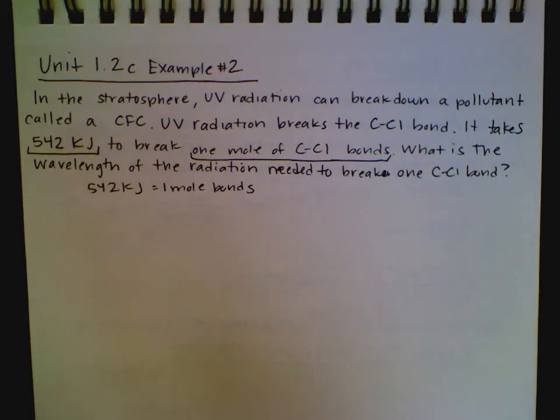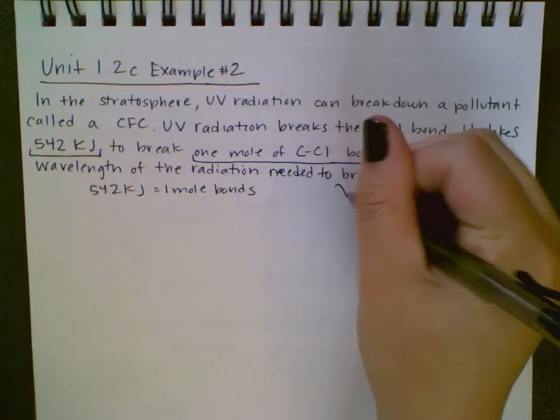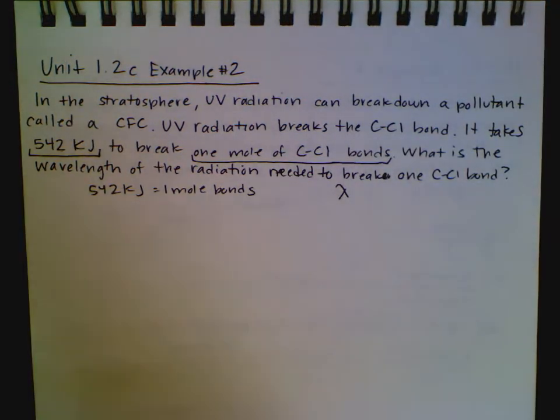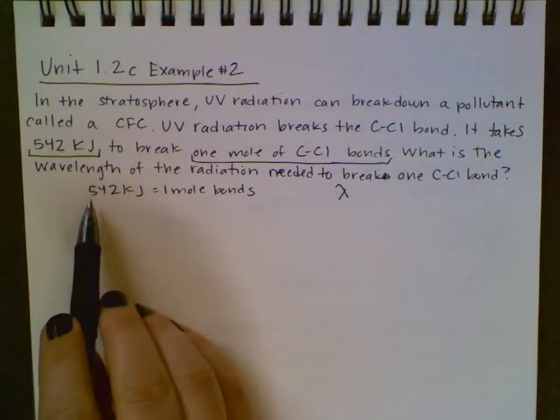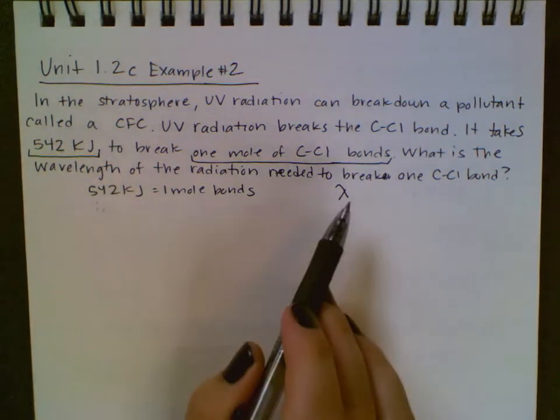And then it's asking us what is the wavelength of the radiation needed to break 1 C to Cl bond. So it's asking about wavelength, which is lambda. At this point, you should be cursing the person who wrote this problem, which is me. Sorry about that. We need to tie together energy and wavelength.